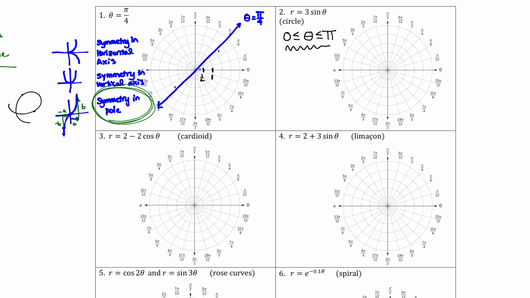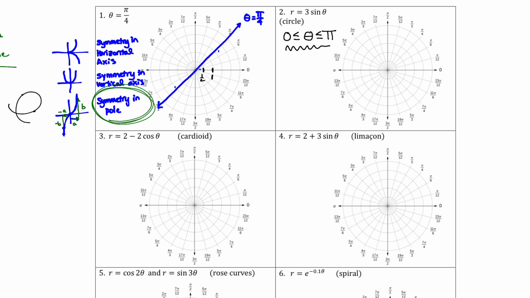What's it telling me? It's actually telling me in what range of t values or theta values it takes for me to go around this curve one time. Because remember, these curves are periodic, meaning they repeat their behaviors. So from 0 to pi, I go once around that curve.